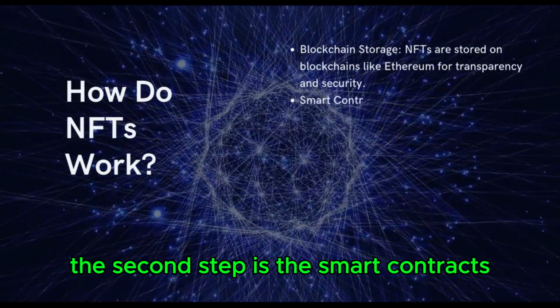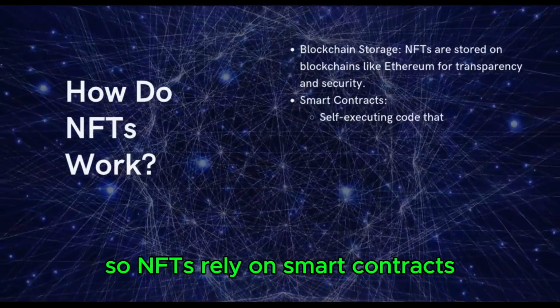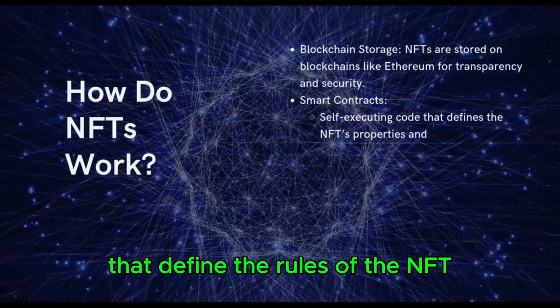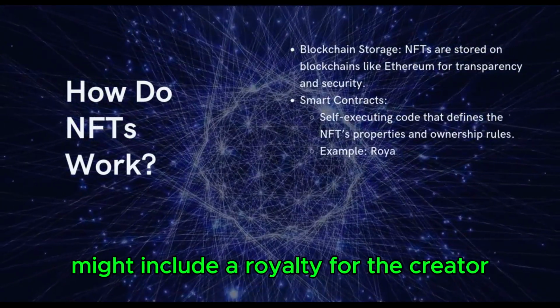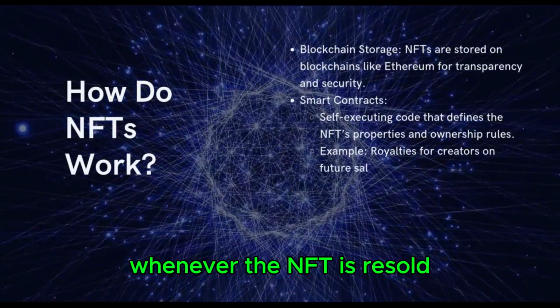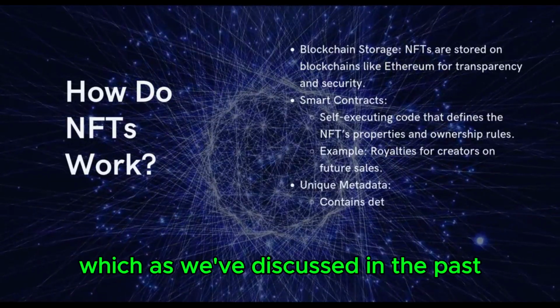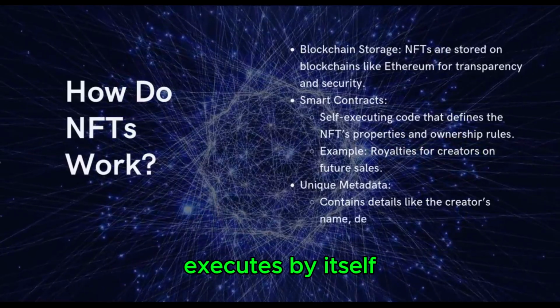The second step is the smart contracts. So NFTs rely on smart contracts, which are self executing pieces of code that define the rules of the NFT. For example, a smart contract might include a royalty for the creator whenever the NFT is resold. And that's part of the contract, which, as we've discussed in the past when we did a lesson on smart contracts, executes by itself.